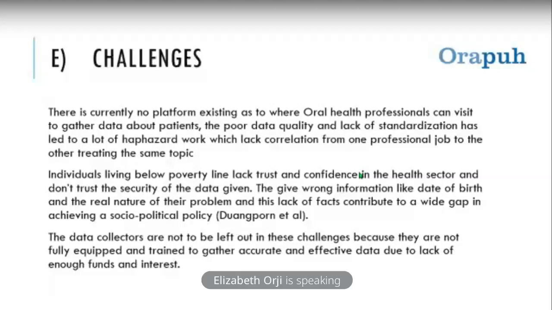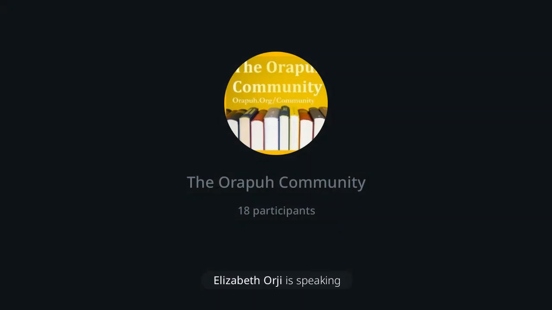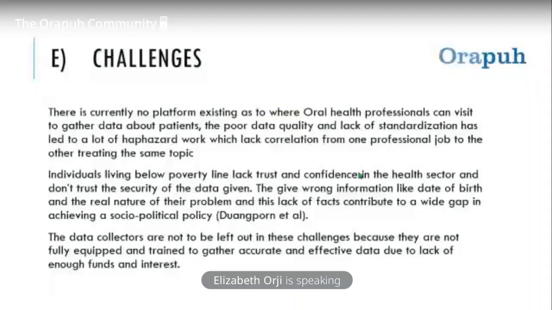And also, on the side of the professionals, we are always in a hurry to gather this data. We give ourselves a shorter time frame, and we do haphazard work that is not very effective, cutting short on standards and every other thing. This gap between collecting effective data and not collecting effective data is one of the challenges we face.